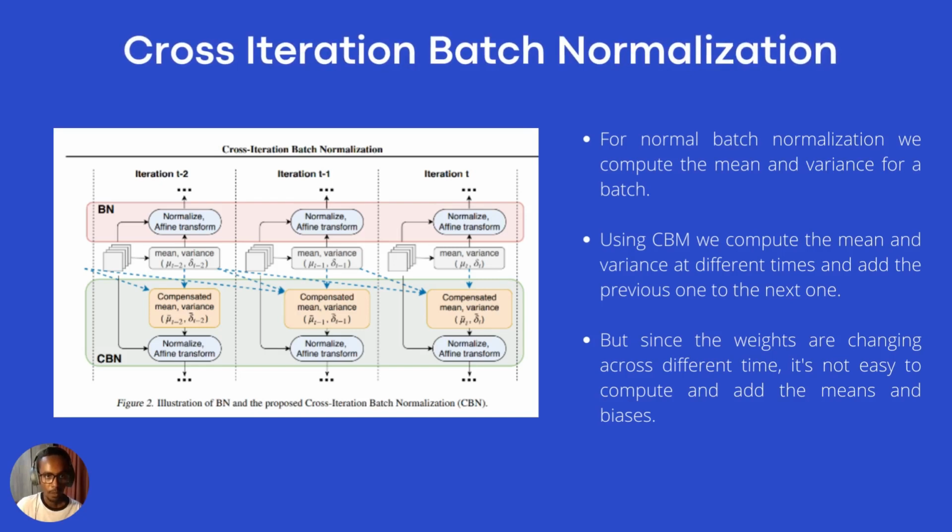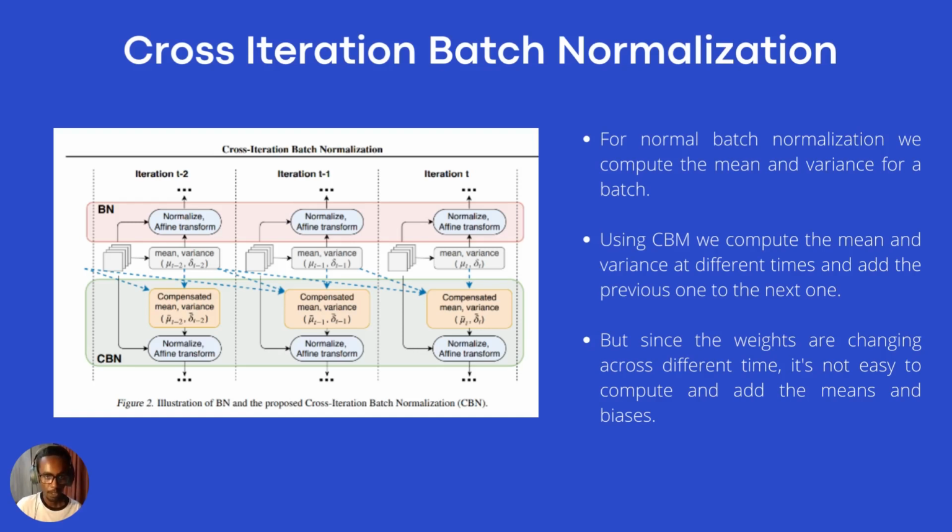So let's compare the cross-iteration batch normalization with the normal batch normalization. For the normal batch normalization, we compute the mean and variance for a batch, and that's it. But when we use cross-iteration batch normalization, we compute the mean and variance at different iterations, as we can see on the image, from t-2 up to t. Then after computing the mean and variance, we transfer these mean and variance for the next iteration.